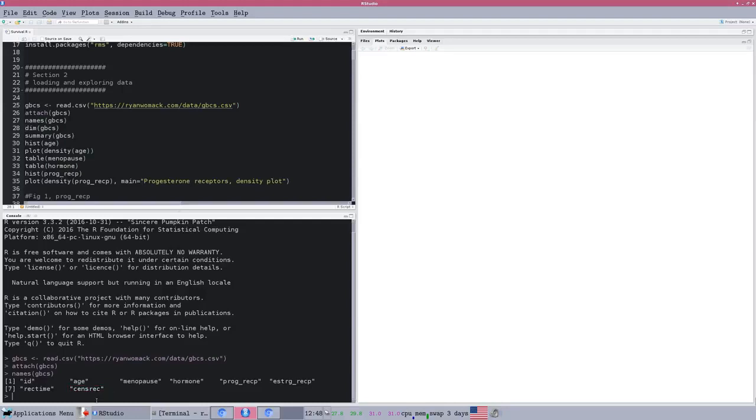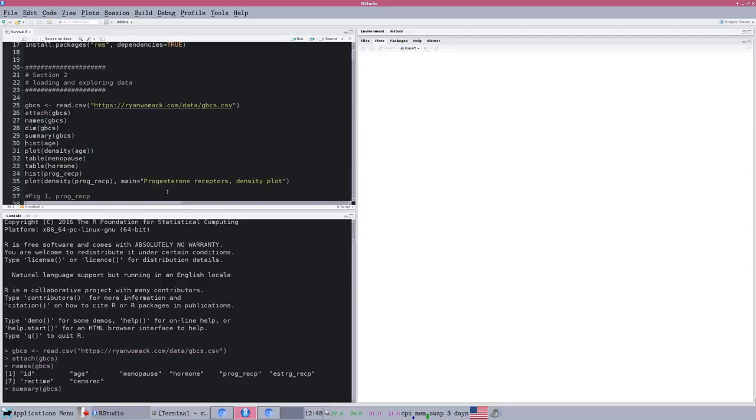That's the real difference in survival data, that we have this flag whether the data has been censored or not, meaning we hit the end of the study and we didn't really observe what we were waiting to see. Those two combined will make our survival data, rec time and sense rec.